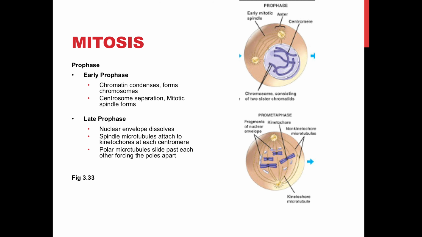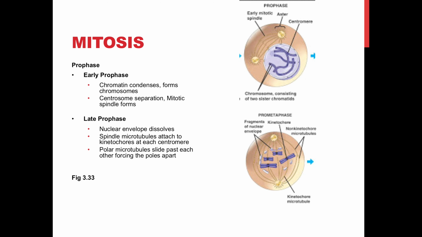Do you see how some of these microtubules have attached to the centromeres? They've attached to the centromeres in the chromosome, which is the center of the chromosome. And a microtubule from each centrosome is attaching to a centromere. The centrosomes are these yellow centriole arrangements on either side of the cell that have microtubules growing out of them.